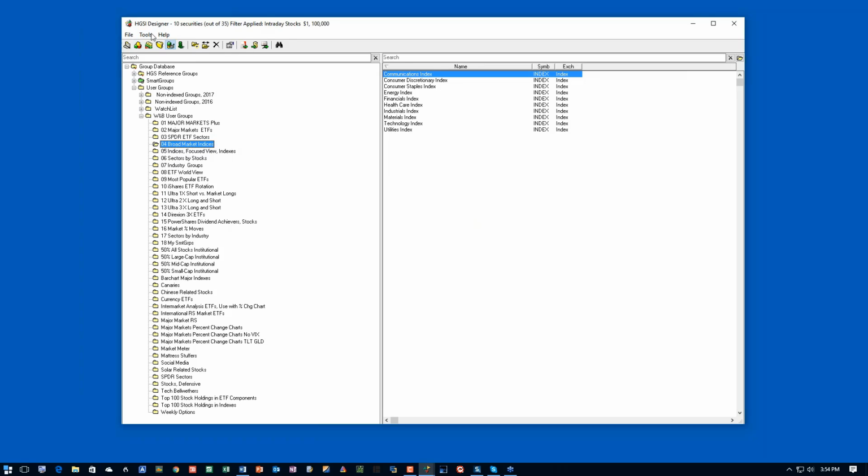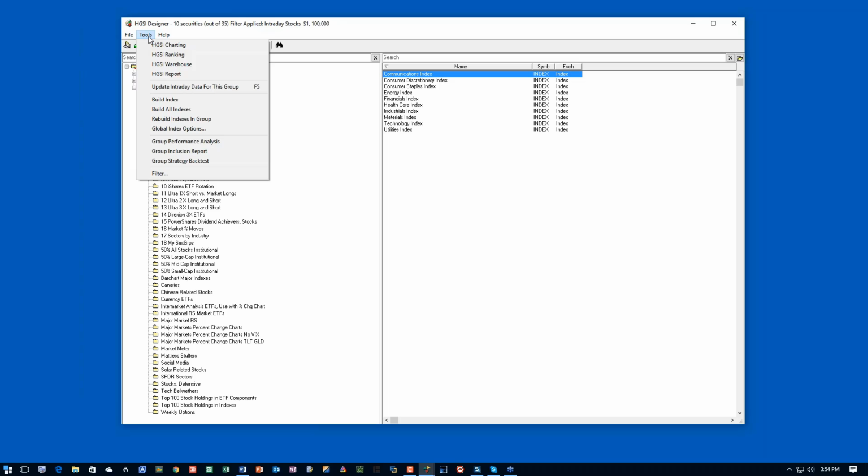If you keep your intraday information updated, and then you go to rebuild indexes in group, it's going to take the last intraday data, and this will be end of day at this point because it's delayed 15 minutes.